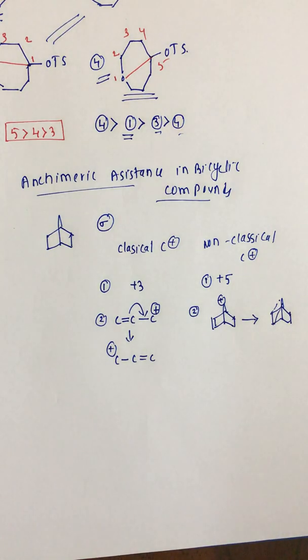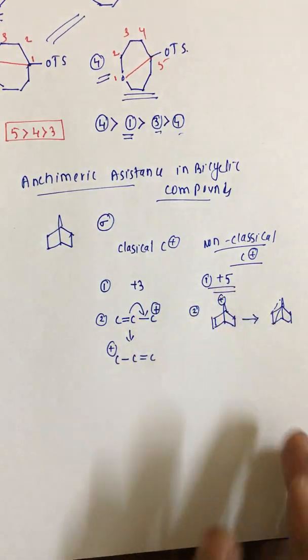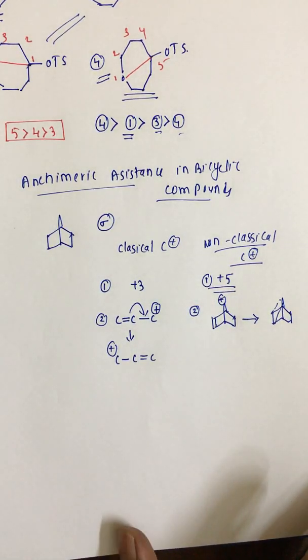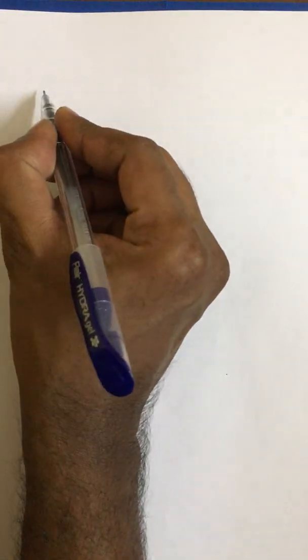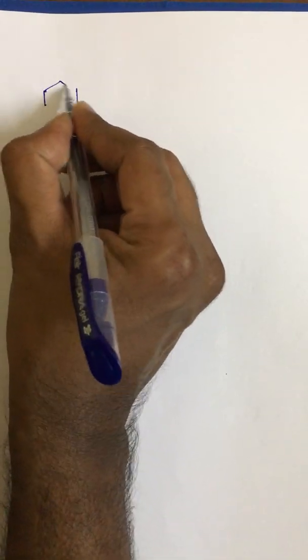So these are the two differences between the classical carbocation and non-classical carbocation. In anchimeric assistance, we see a non-classical carbocation which has a valence of 5. And we'll see two examples here.